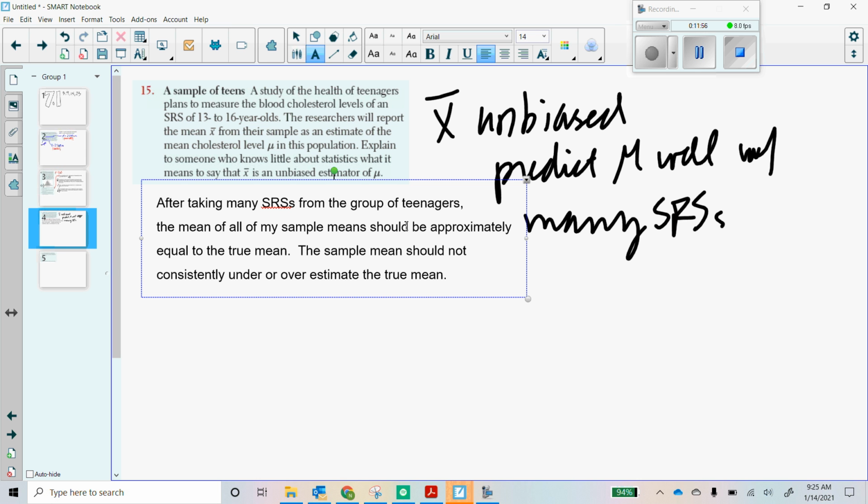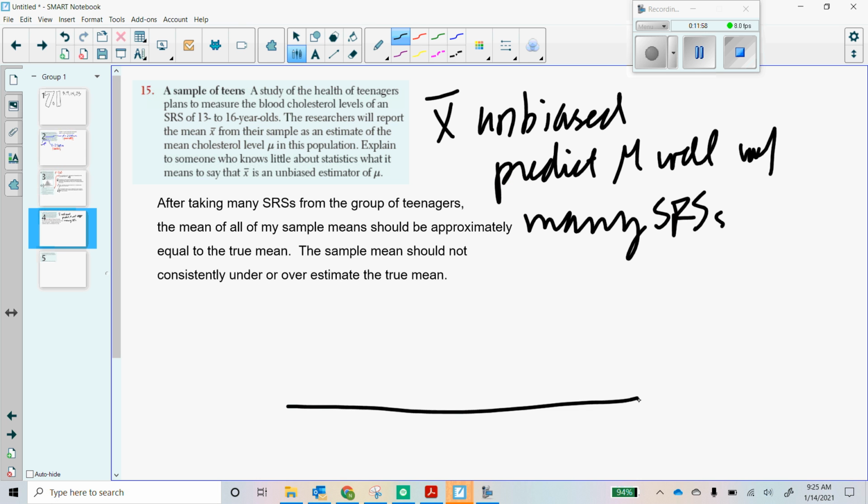It should be close. So picture-wise, let's suppose that the true mean is here, and these dots represent my samples. I know this is very sloppy, but hopefully you get the idea. It should center around the true mean. You might have a sample every once in a while that's off, but not consistently off. It should always sample around the true mean in order for it to be unbiased.